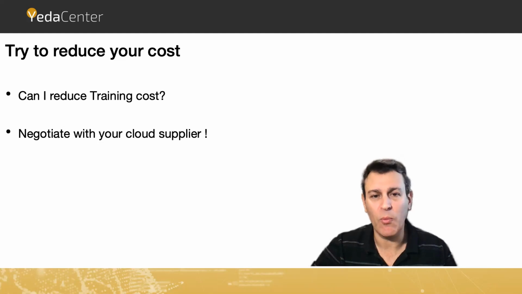Usually, once you negotiate with your cloud provider and you have a big solution, from my experience, you'll be able to save about 30% of the cost. So this is very dramatic.